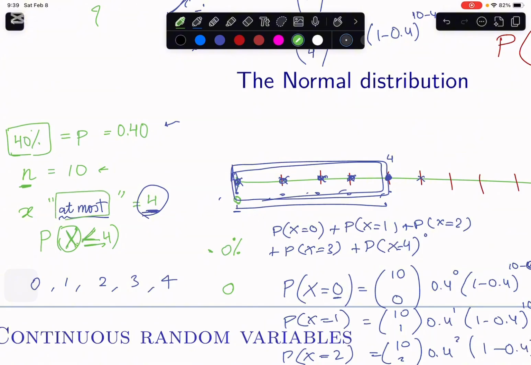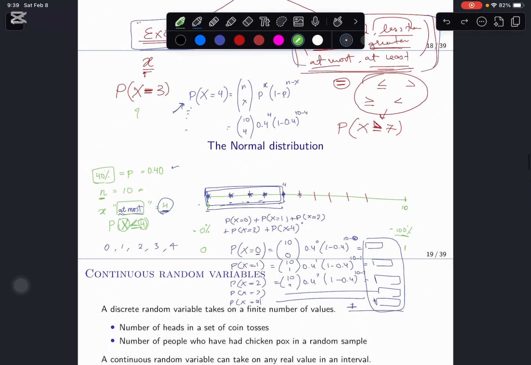The biggest number it can reach is 4, and the numbers that should be below it are 0, 1, 2, 3. So this is what you're going to do. This all equals P of x less than or equal to 4, which is the same way the doctor used to write it on the board, P of x. I didn't mean to make fun of him.